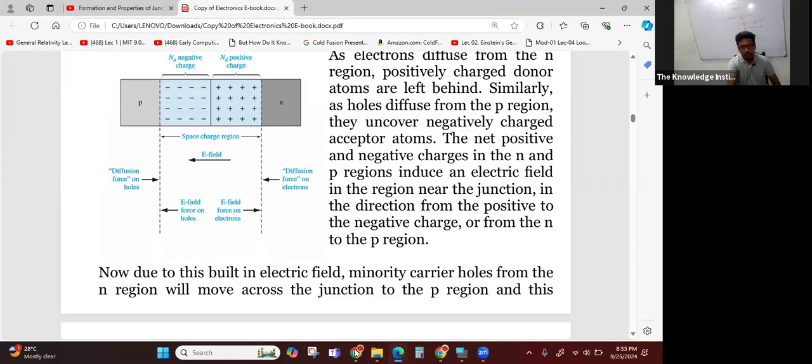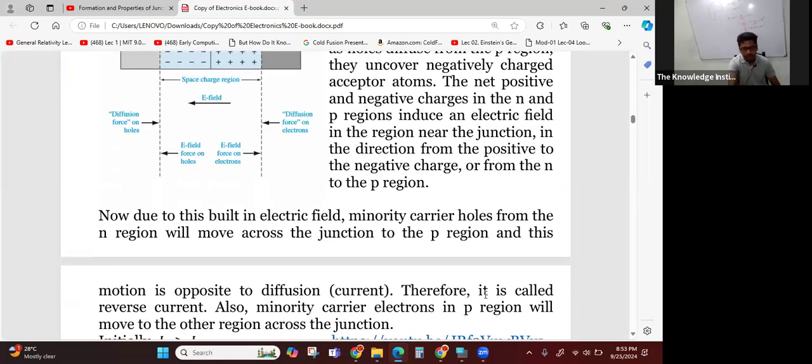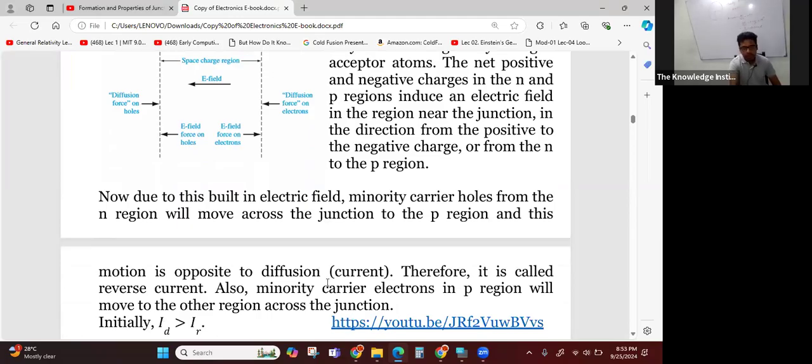Now, due to this built-in electric field, minority carrier holes from the N region will move across the junction to the P region, and this motion is opposite to diffusion current. Therefore, it is called reverse current.